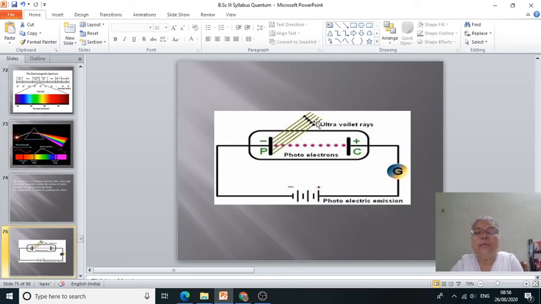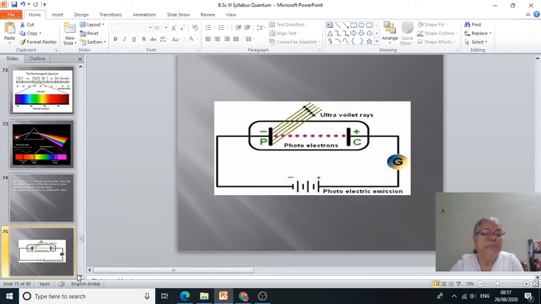As soon as ultraviolet rays or visible light is incident on the metal plate, ejection of electrons takes place, and those electrons migrate or flow towards the positive electrode. These electrons are called photoelectrons, and the current is the photoelectric current.